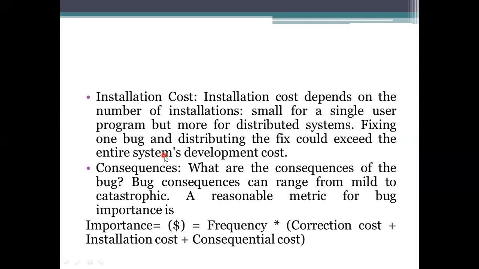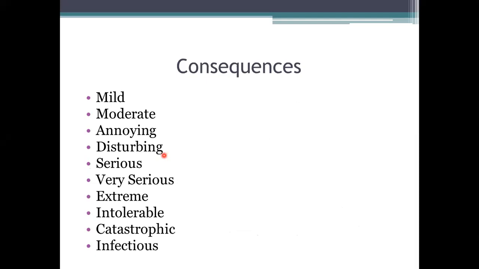Consequences means the effect of that bug, which can range from mild to catastrophic, and the last one, infectious, which is a dangerous one. Mild means a misaligned printout, lines shifted up and down, or misspelled words.